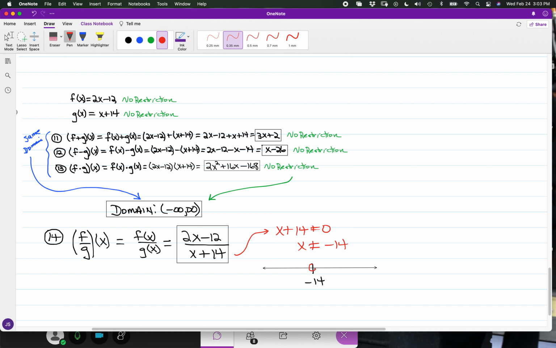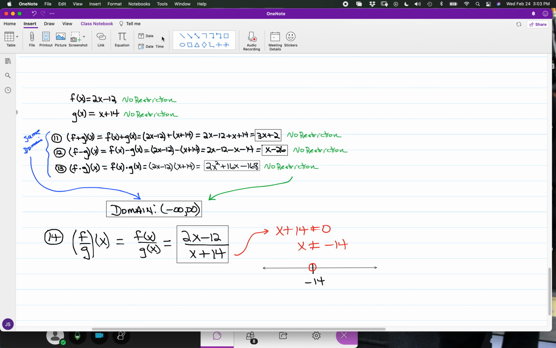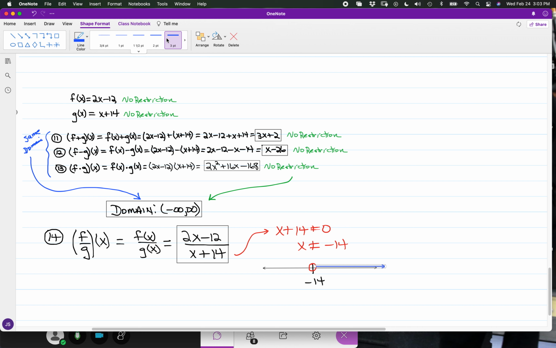Again, you have an open circle, and everything is going to be either greater than or less than negative 14.